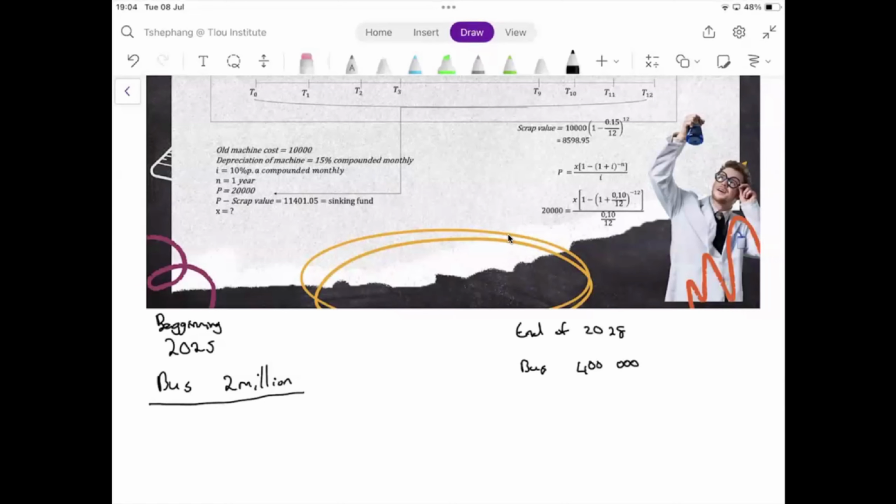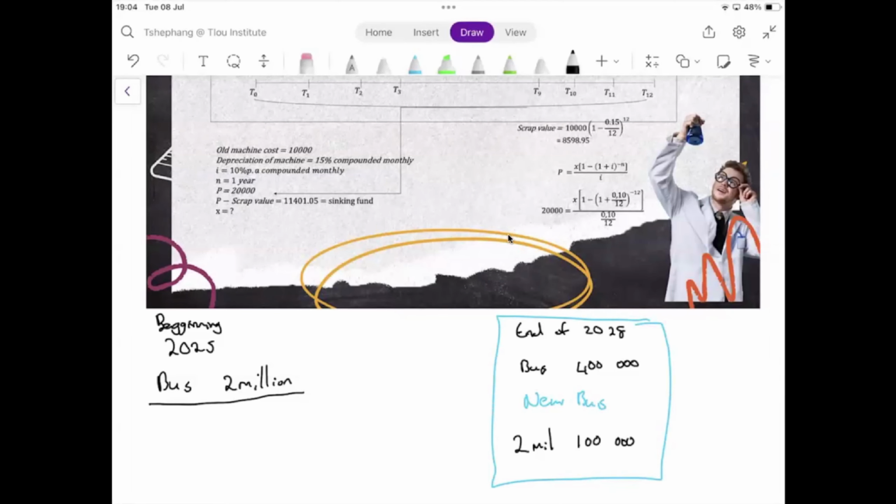Okay? But now, if we wanted to buy a new bus this year, 2028, because of inflation, the new bus costs how much? Let's just say 2 million, let's just say 100,000.